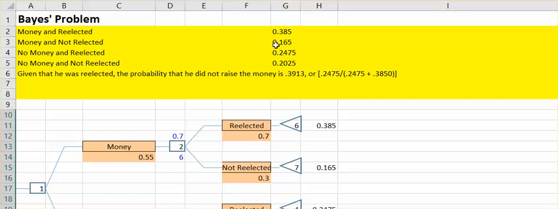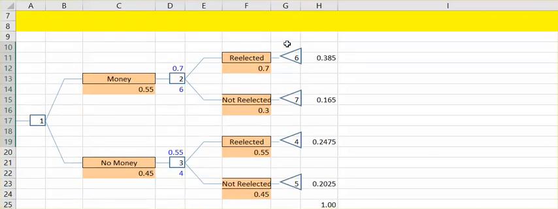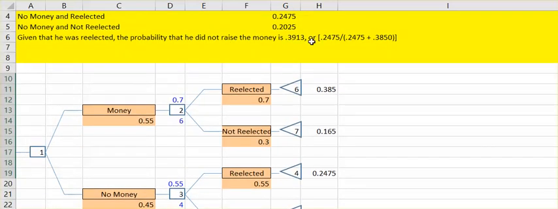Four possible outcomes, and those outcomes equal, of course, 1. And then what I have stated here, given that he was re-elected, what is the probability that he did not raise money?